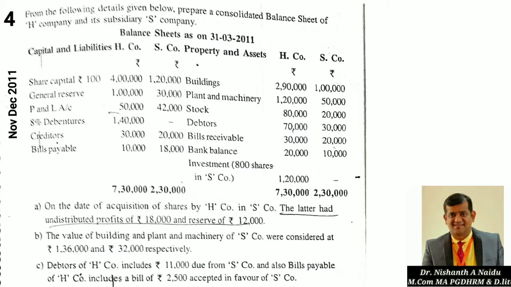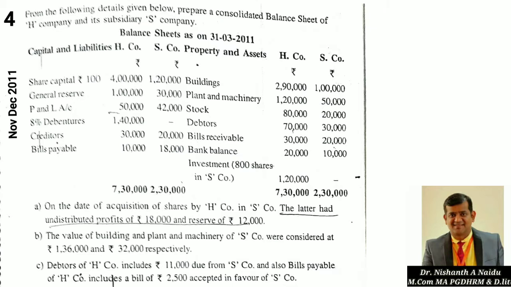On the other hand, if you look at the asset side, properties and assets of H company and S company, they have given buildings rupees 2,90,000 and 1 lakh for S company limited. Plant and machinery rupees 1,20,000 for H company limited and 50,000 for S company limited. Stock, H company limited 80,000 rupees, S company limited 20,000 rupees. Debtors, H company limited 70,000 rupees, S company limited 30,000 rupees.